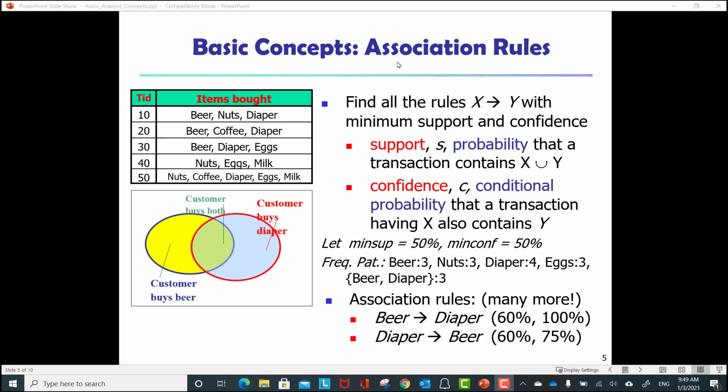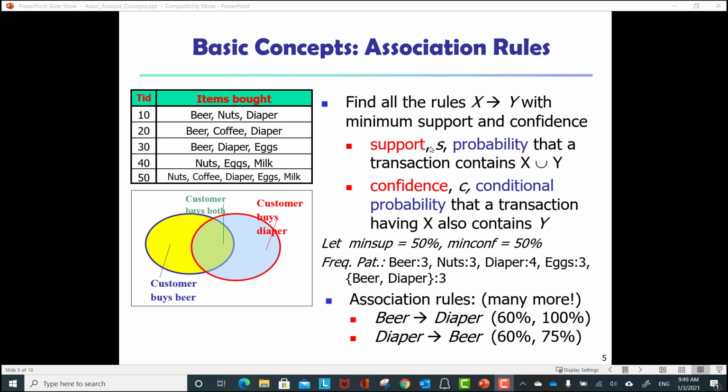Now we want to find the association rules from those frequent itemsets. So find all the rules X implies Y with minimum support and confidence. I'll talk about the concept of confidence here.